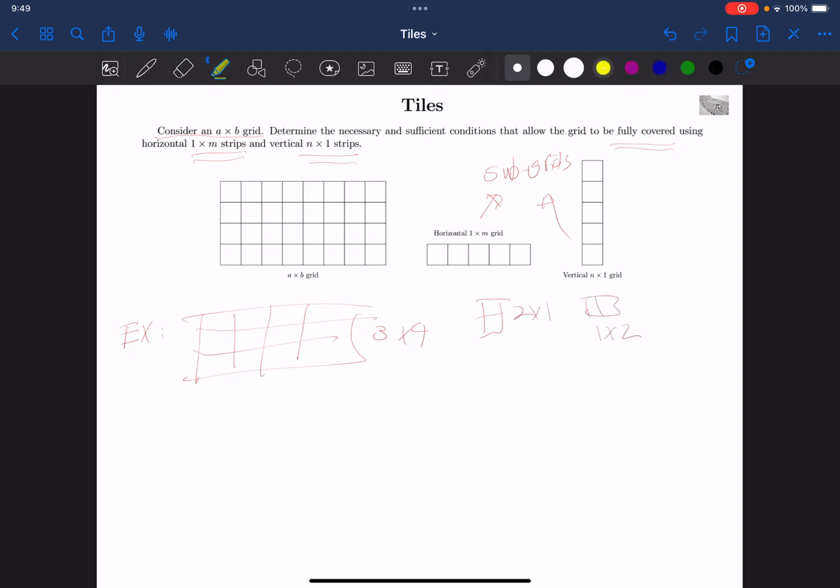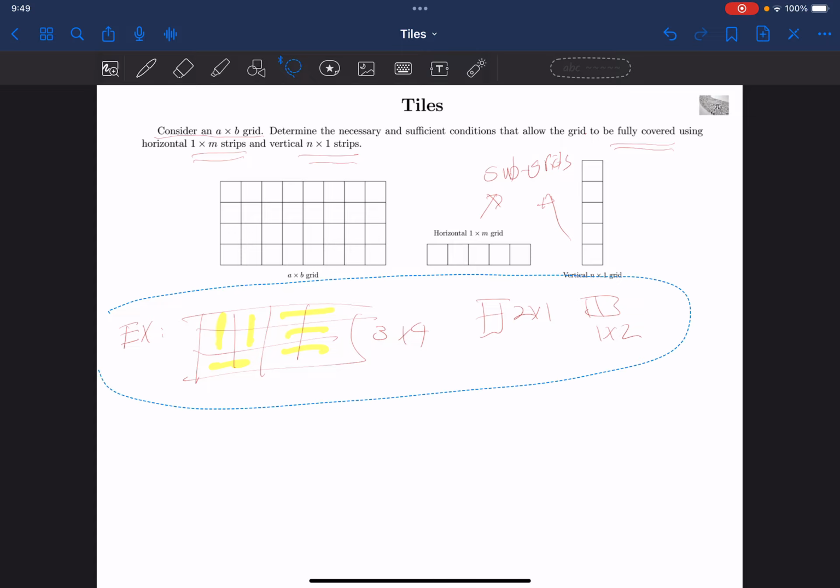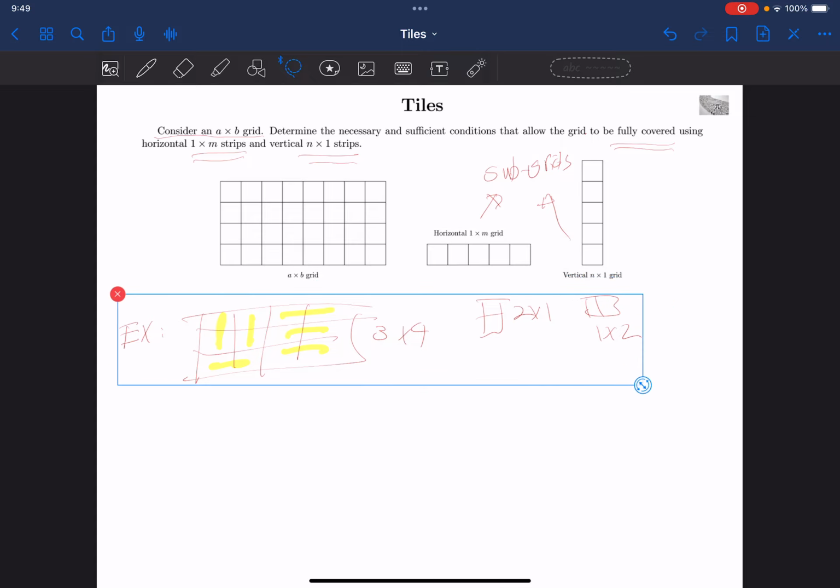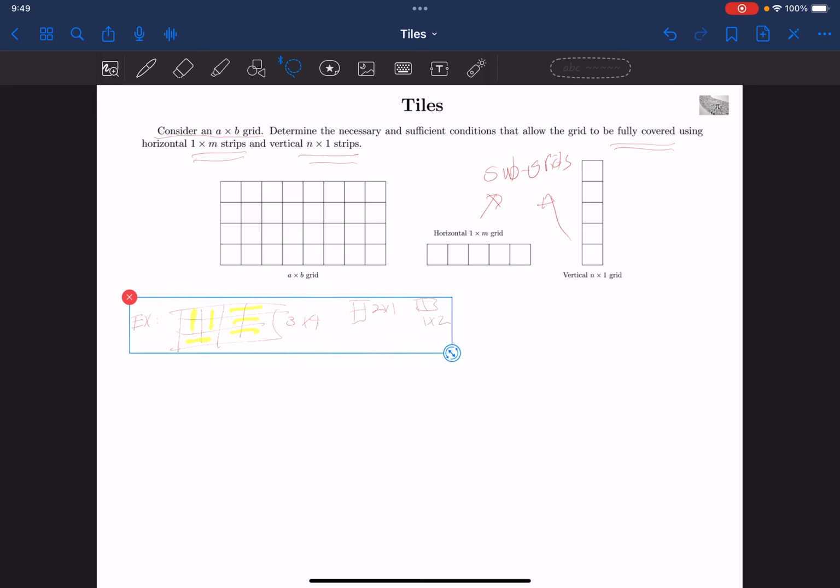The question is, can we tile this 3 by 4 grid using these two subgrids? And the answer is yes, we can do it this way, for example. Notice that the question is not asking us about the number of ways we could do it. It's just whether it's possible or not.